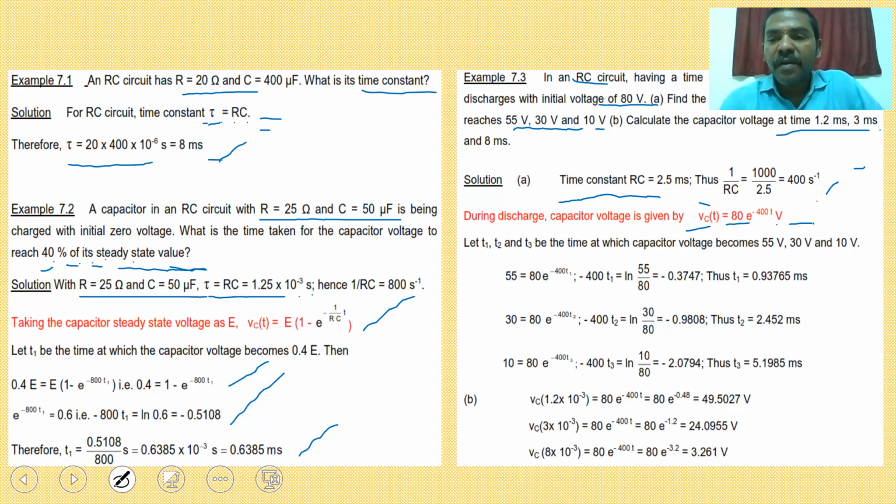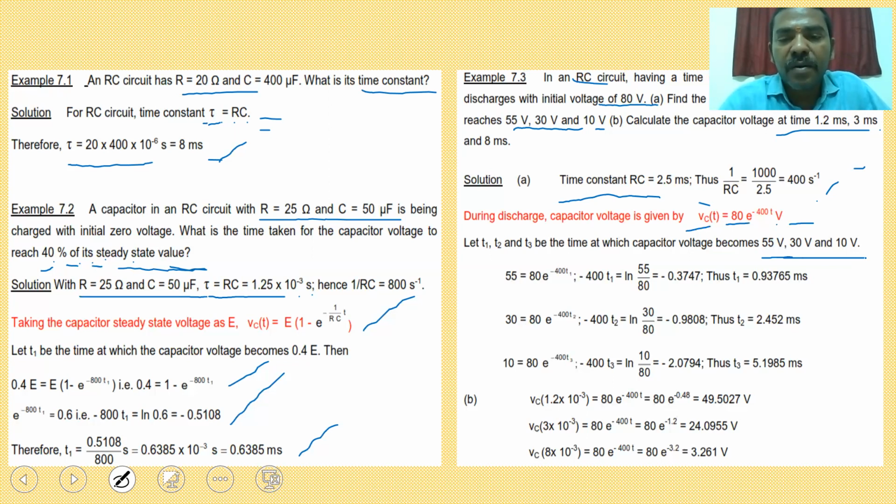Now for 55 volts, 30 volts and 10 volts, we are calculating the values of times. We substitute and calculate the T1 value. Similarly for 30 volts, we calculate the T2 value, and for 10 volts, the T3 value.